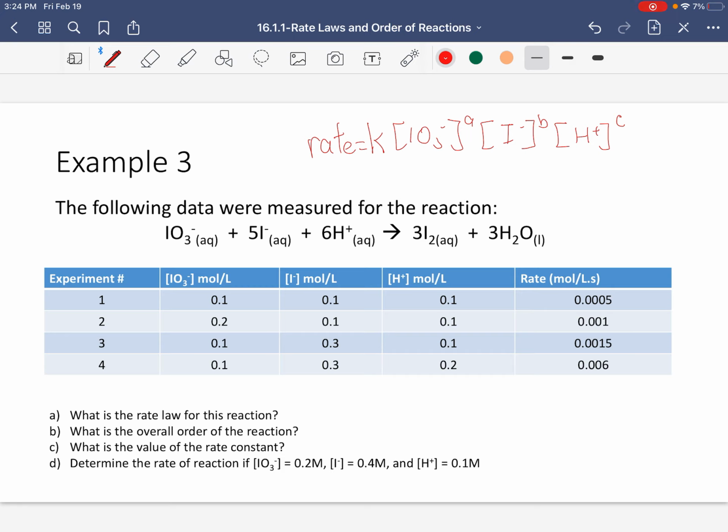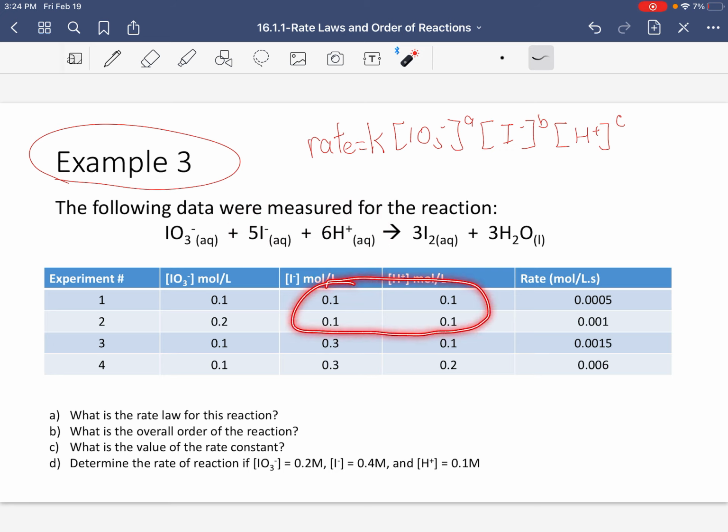Now, to do example 3, you need to keep in mind a couple of things. If you're trying to find A, you have to make sure you pick 2 experiments where both this and this are constant. 1 and 2 is a good one. If you're trying to find B, you have to make sure that this and this are constant. 1 and 3 is a good one.